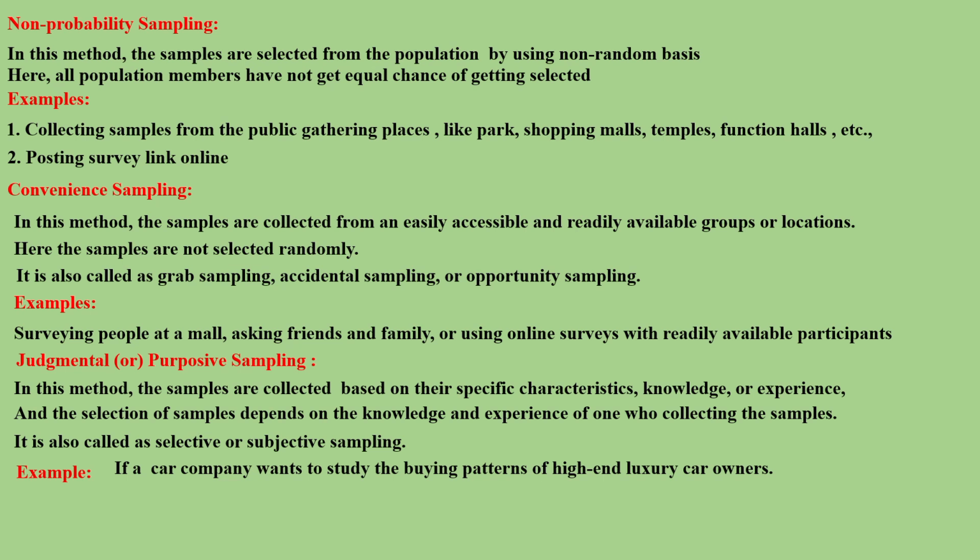For the particular purpose, you are approaching those high-end people only, who have high-end luxurious cars. They collected samples from individuals who they believe are most likely to buy a luxurious car.